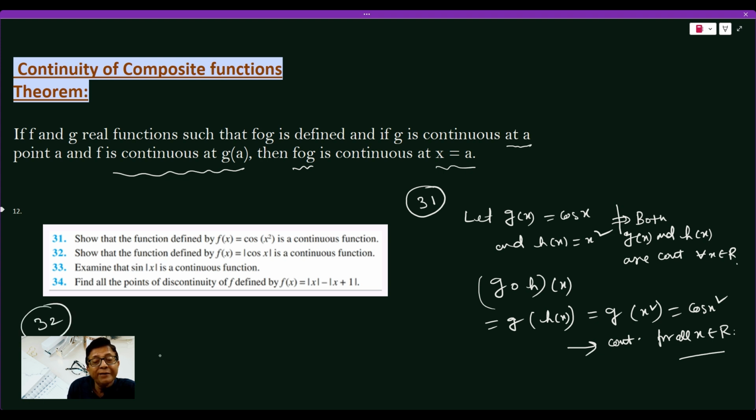You start in this manner: g(x) equal to cos x and h(x) equal to mod x.